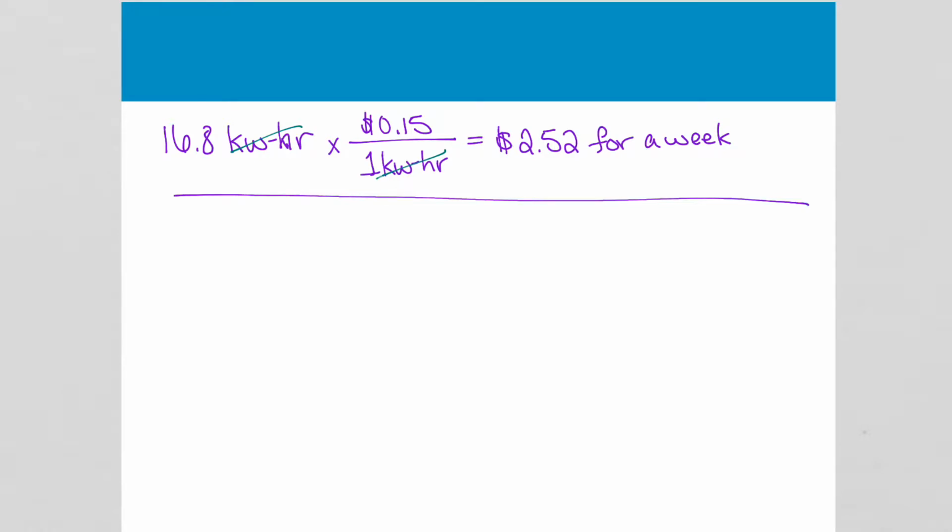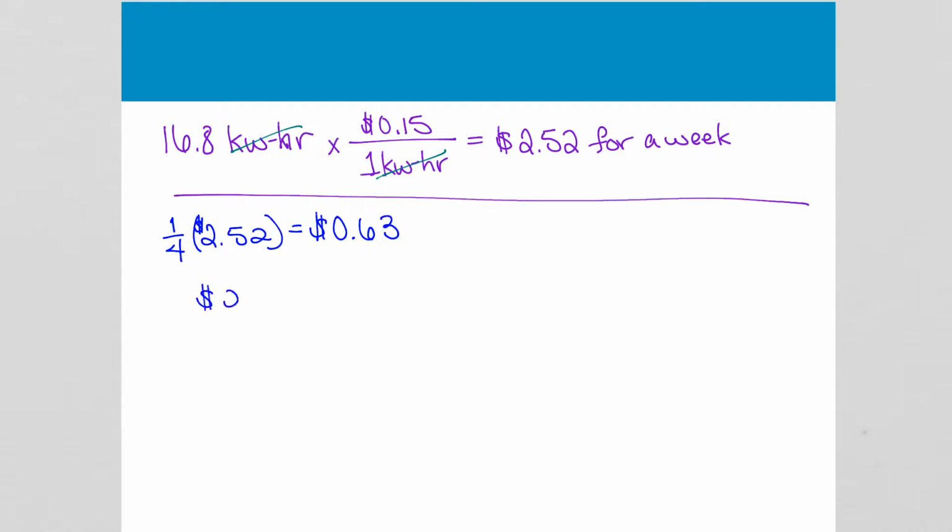Well, we know that 25 watts is a quarter of 100 watts, right? So this should cost per week 1/4 of $2.52. So this light bulb, the LED, would only cost 63 cents per week.